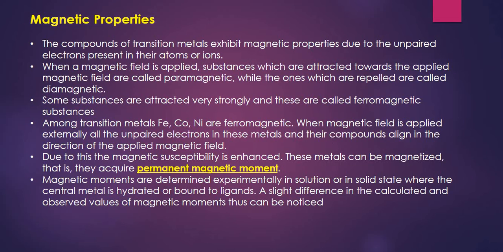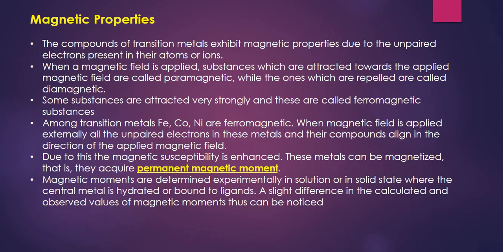When a magnetic field is applied externally, all the unpaired electrons of these metals and their compounds align in the direction of the applied magnetic field. Due to this, magnetic susceptibility is enhanced, and the metal can be magnetized and acquire a permanent magnetic moment also.